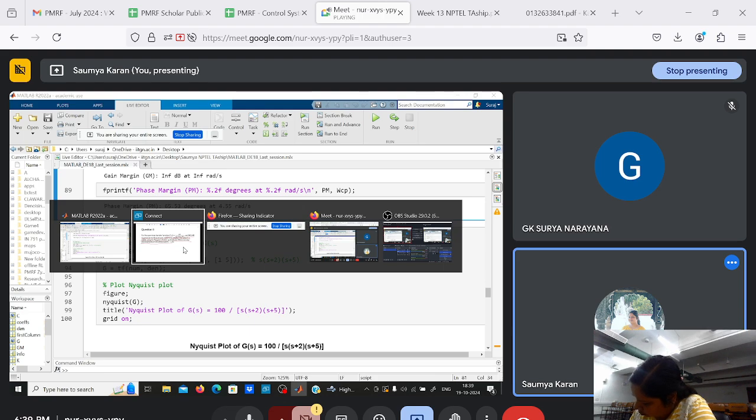Or I would not write this. The only important point is if there are no encirclements, or clockwise encirclements, equal to the number of right half plane poles, the system is stable.